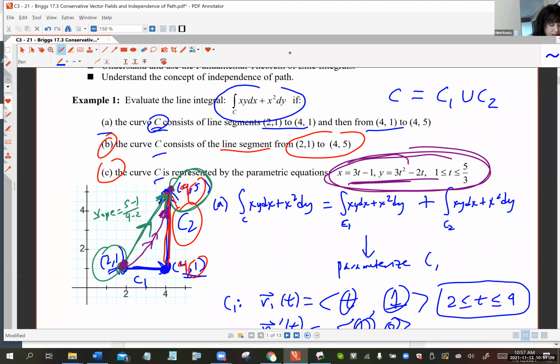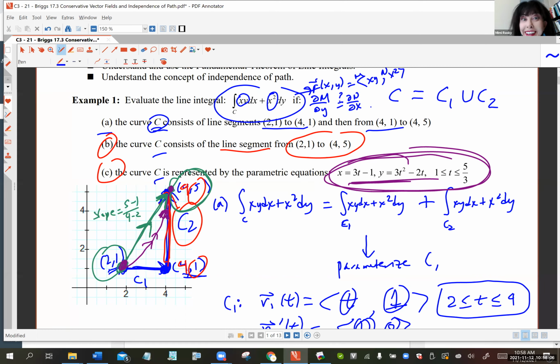Well, what is the vector field? It's in here. You have to kind of cherry pick it off. The M is always going to be the stuff that's multiplying with the dx, and the N is the stuff multiplying with the dy. So there's M and there's N. So does dM/dy equal dN/dx for this vector field?